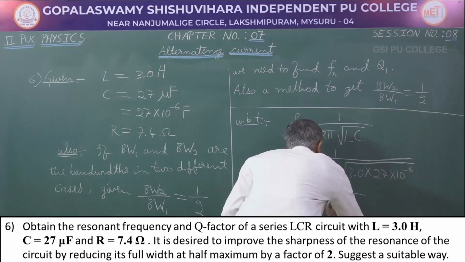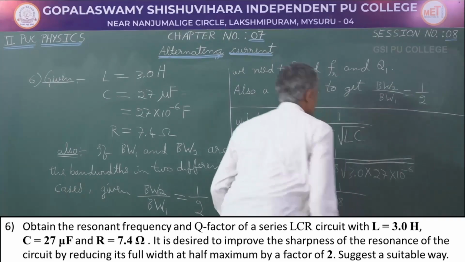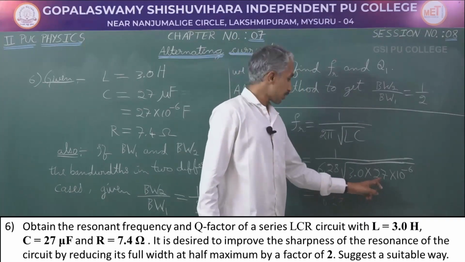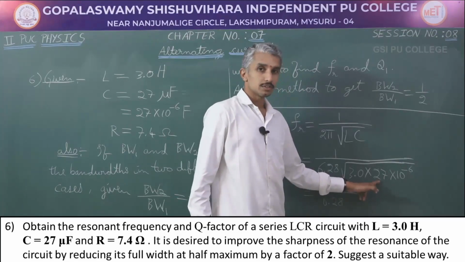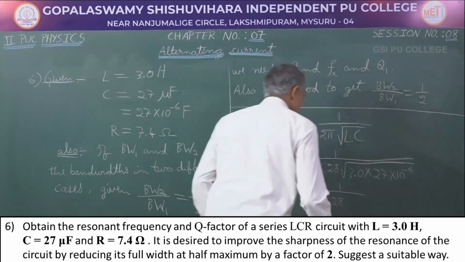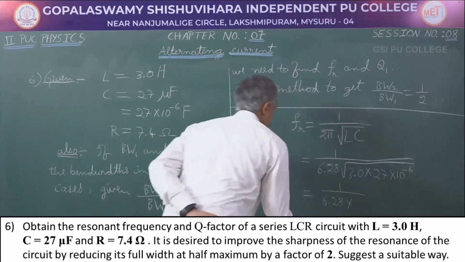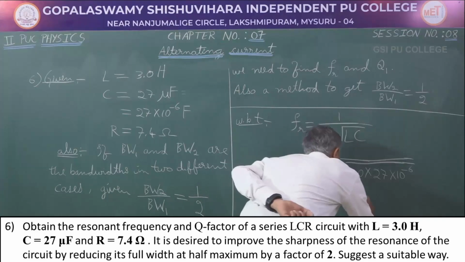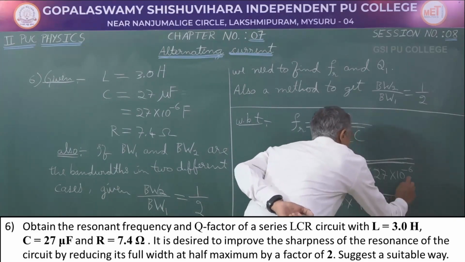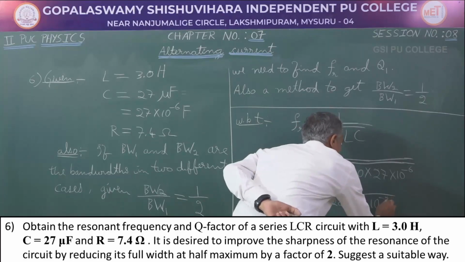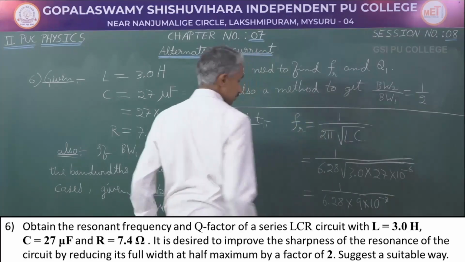That is 1 divided by 6.28. 3 times 27 will give us 81, root of 81 will give us 9. Therefore, here in the denominator we get 6.28 into 9 into 10 to the power of minus 3. Root of 10 to the power minus 6 is 10 to the power minus 3.